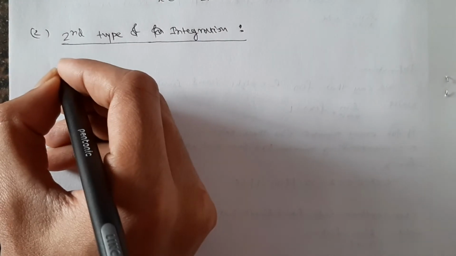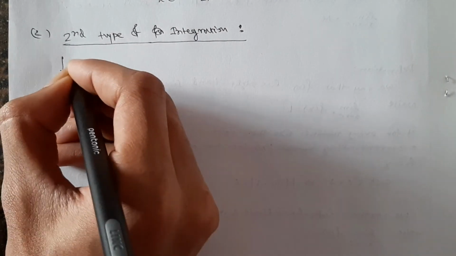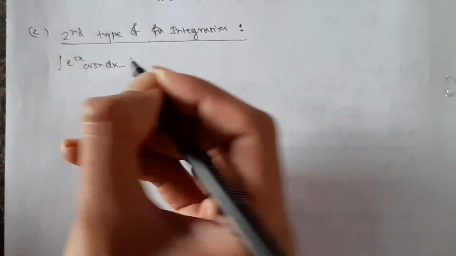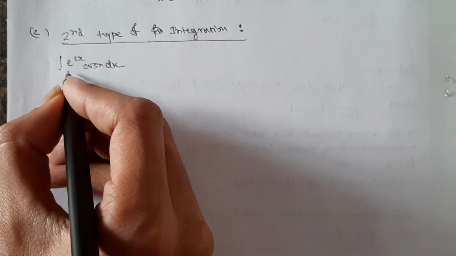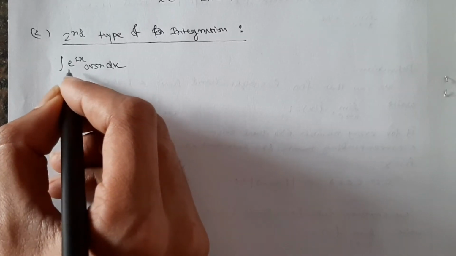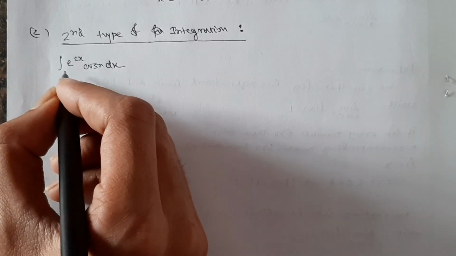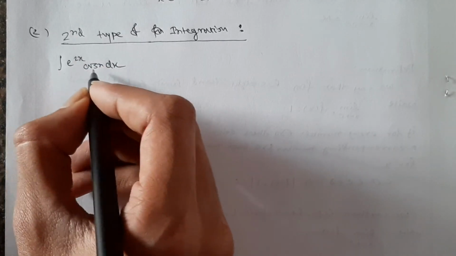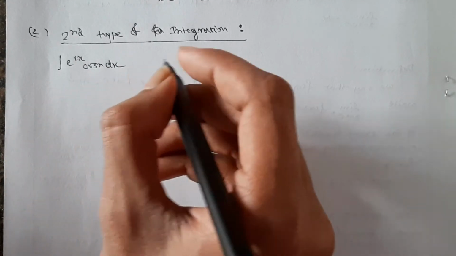Okay, so we take an example of e to the power 2x cos x dx. So here we can see that no function can be reduced to 0, but for both functions we have the ability to do the integration, because we know both function integrations as primary formulas.